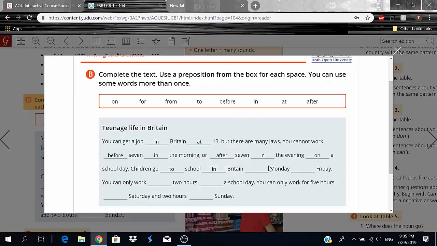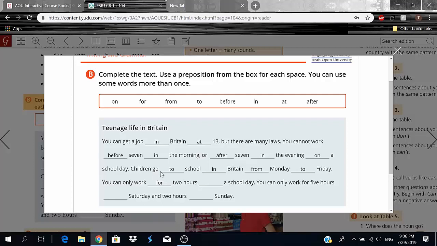From, here's "from." Now "from" and "to," you guys know we talked about this. So from Monday to Friday. You can only work, I'm guessing this is, you can only work for 2 hours. So "for" is also used for a period of time.